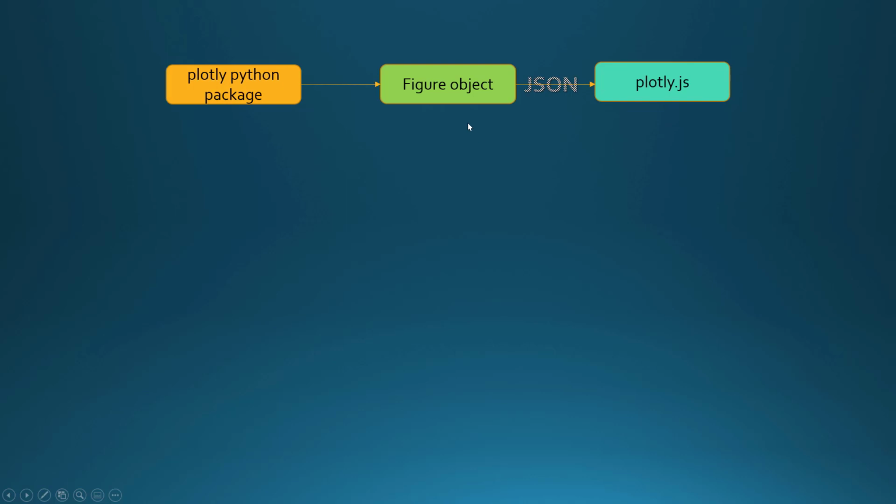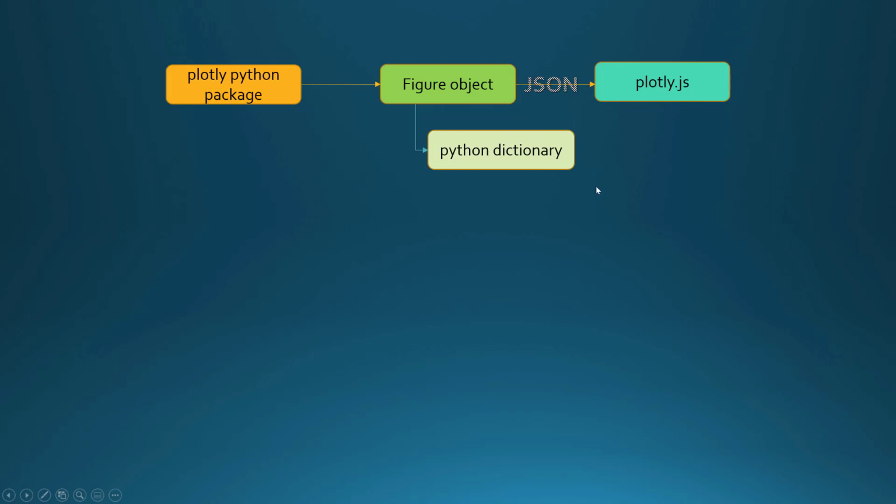Now there are several ways you can create figure objects. So let's get a very brief overview. In a nutshell, a figure object is nothing but a JSON file. So you can directly define the figure object as a Python dictionary, and then that dictionary will be converted to JSON before it is passed to plotly.js.